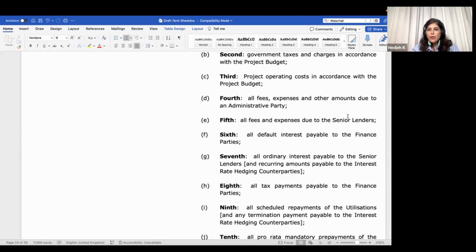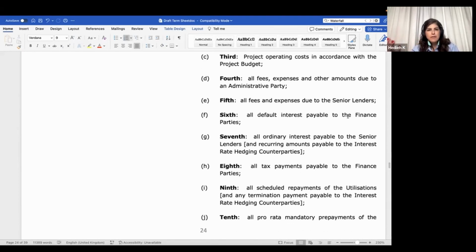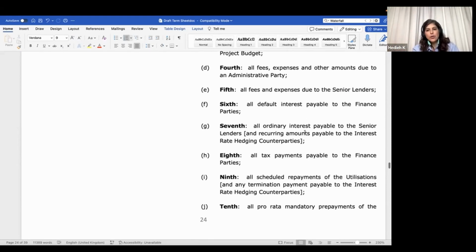So now, after the ranking of the operating expenses and taxes, we have the fees and the interest and the principal repayment to senior lenders, okay? So the senior lenders are the ones that get the cash after the operating expenses are paid and after the taxes are paid.